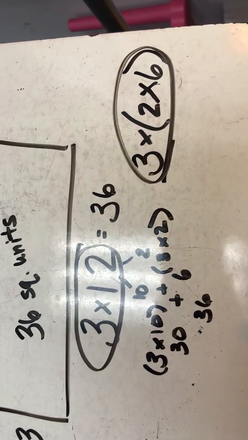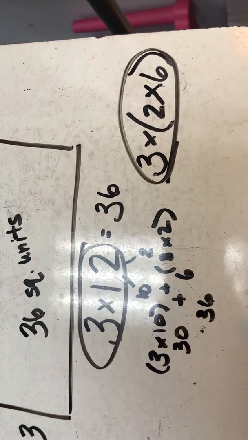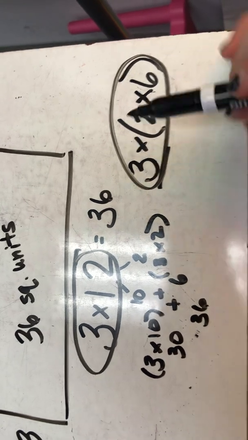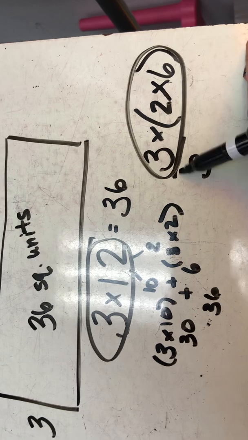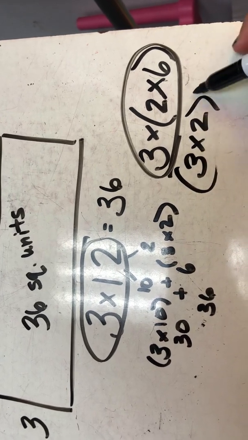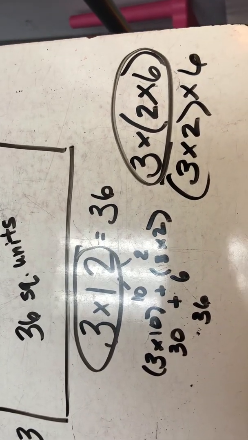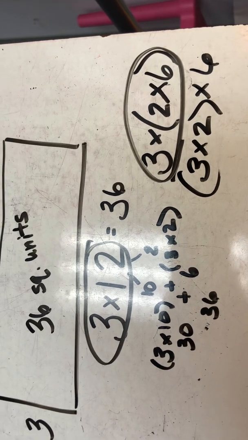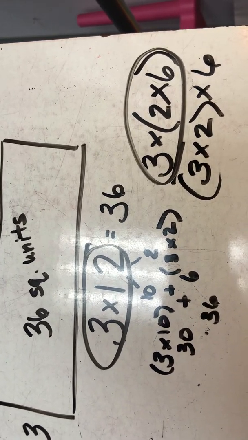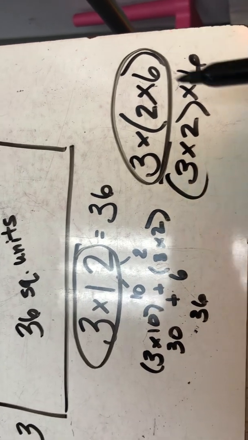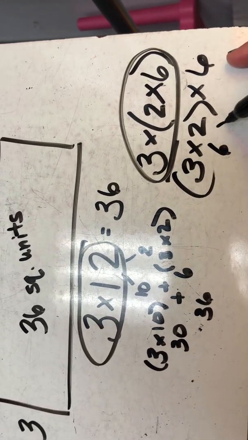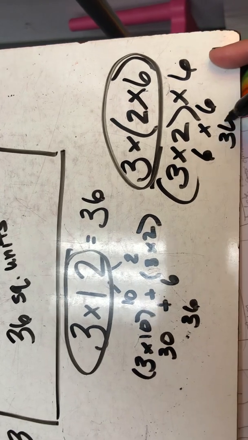Now, can you write this expression on your whiteboard with the parentheses in a different place? Will it change? Pause the video and then check yourself. All right, if you're checking yourself and you moved the parentheses there, go ahead and solve it. You should have ended up with 6 times 6, which is also 36.